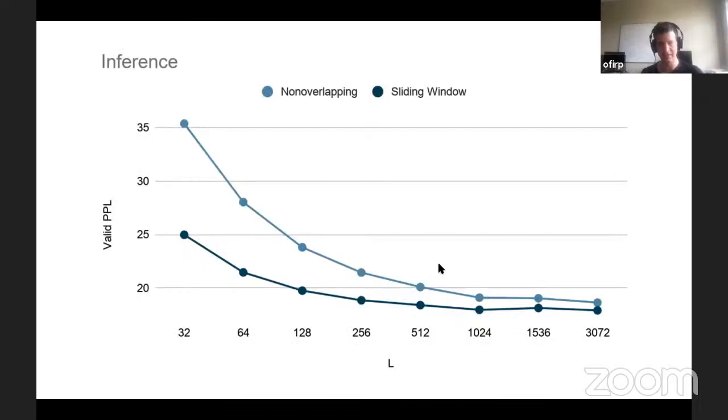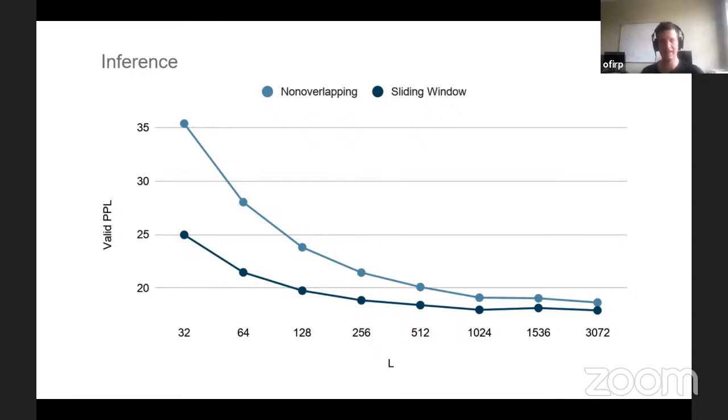And so now what we're going to do is take our 8 different models trained on different input sequence lengths, and use sliding window evaluation to evaluate all of them. And we notice 2 things. First of all, obviously all the numbers get better.